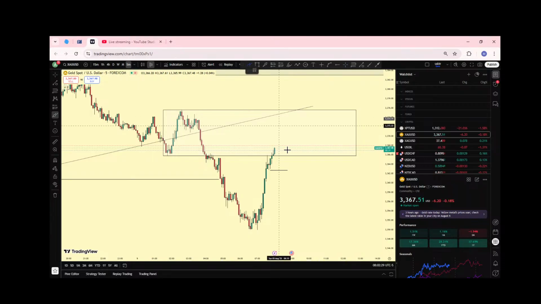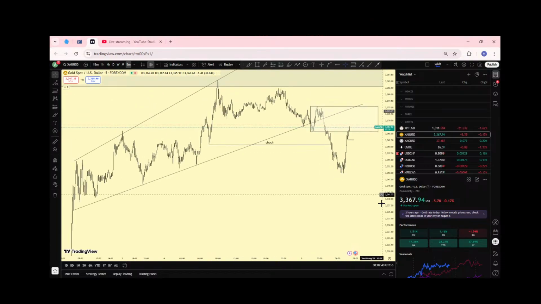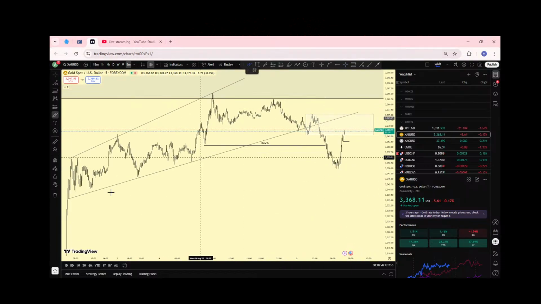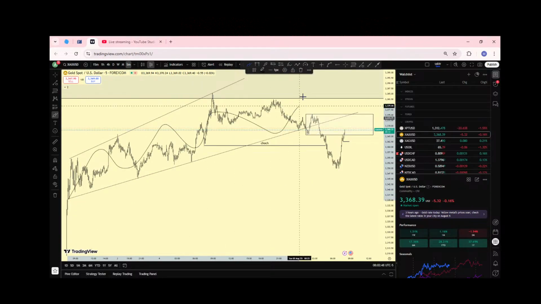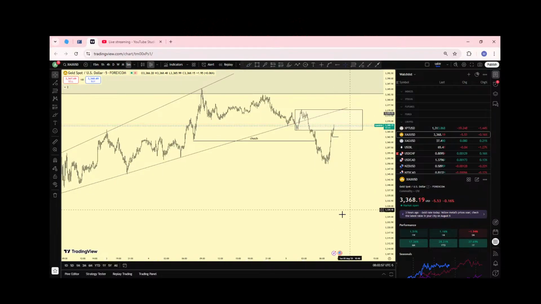Once we break this low, this means that this supply zone is valid and we can scale in for a further sell position for the downside here on the gold, because we have the overall low this week over here, which is the starting of this overall consolidation phase. So we can take this soon in the near coming future. So this is what I think here on the gold.